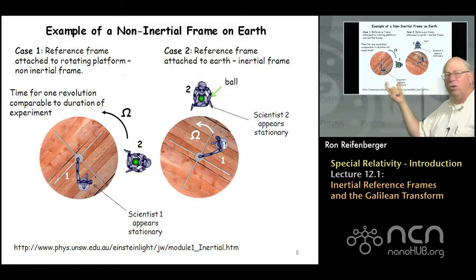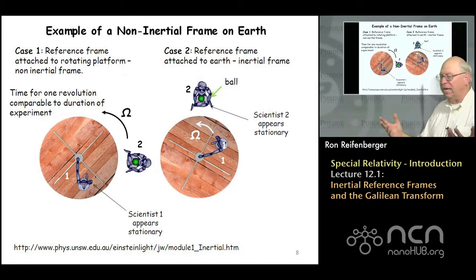What we're going to ask is, what is the apparent motion of this ball when scientist number 1 throws it to scientist number 2 in each of these two reference frames? Actually, scientist 1 is not going to throw the ball. He's going to roll it along this rotating platform, and we're going to assume there's no friction between the ball and the platform as the ball rolls.